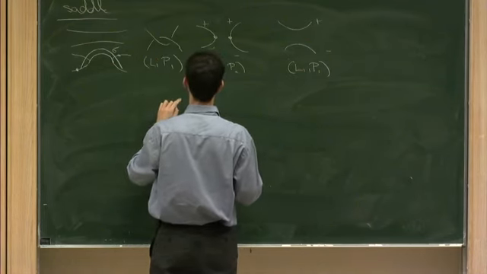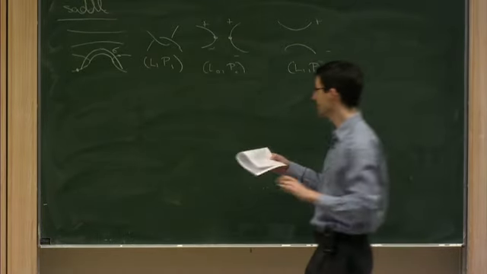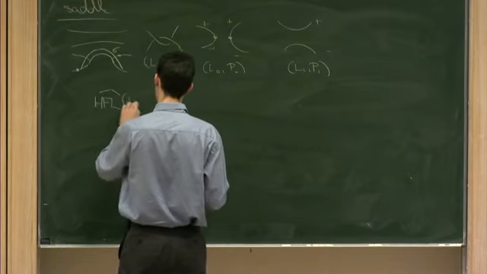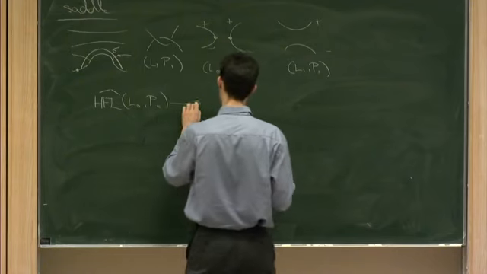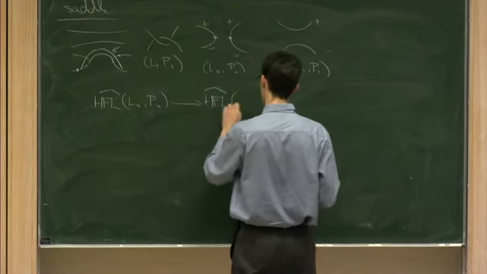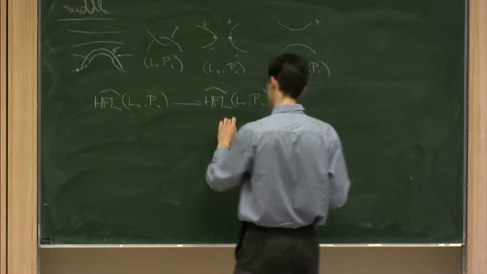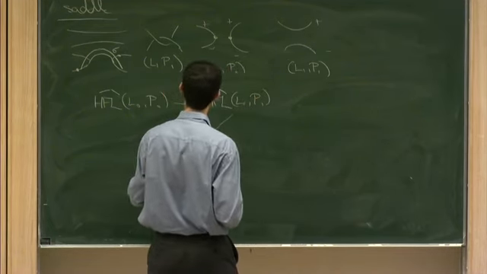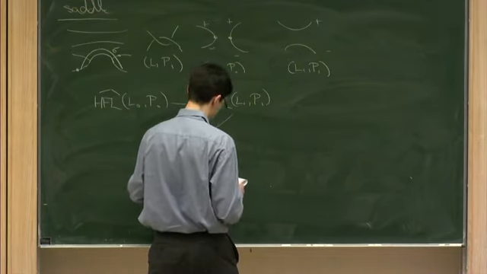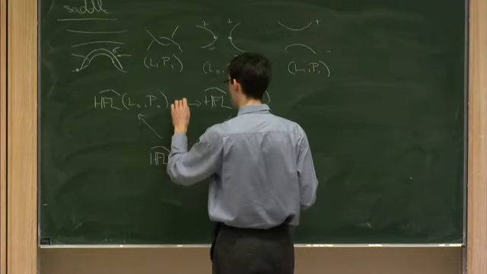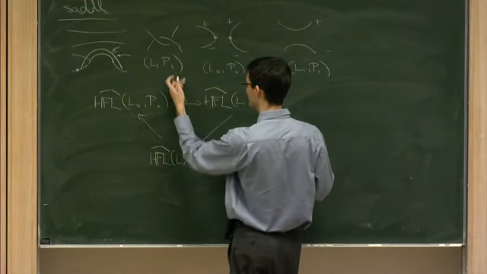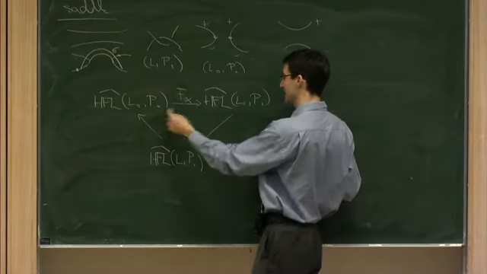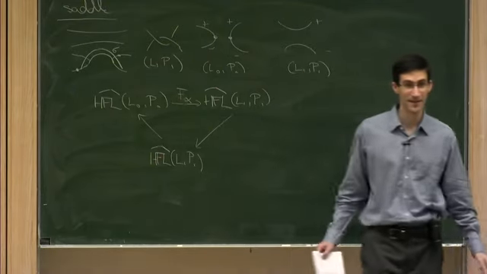Okay, then there is a skein exact triangle, HFL hat L0 P0 to HFL hat L1 P1, and then the third vertex is HFL hat L P1, and this map here in the skein exact triangle actually coincides with the map used by this saddle.